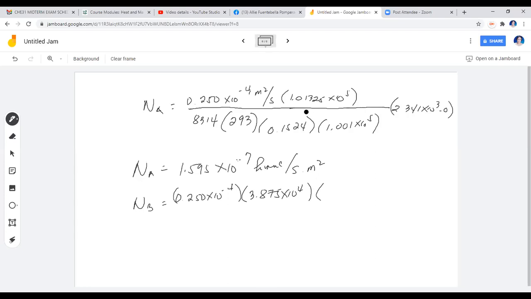Now, this is already in English, and we want the pressure also in English. So this would be 1 atm. I won't write the units anymore. Then your denominator should be in atm as well. So the appropriate R to use is 0.730, and this has a unit of cubic feet atm per pound mole Rankine.